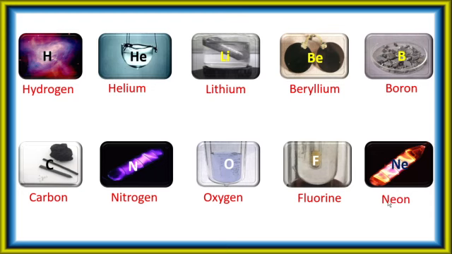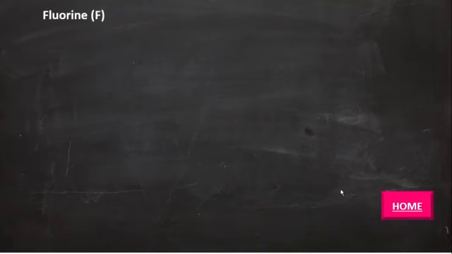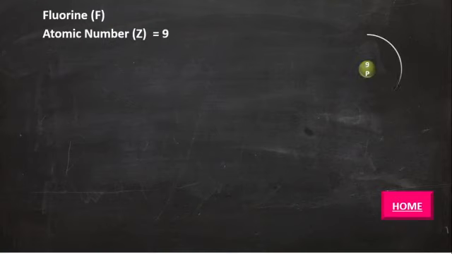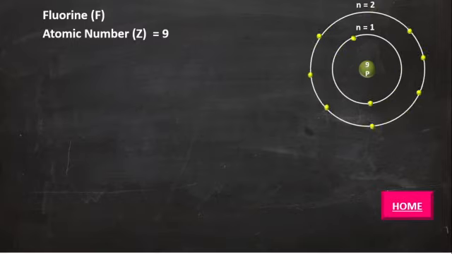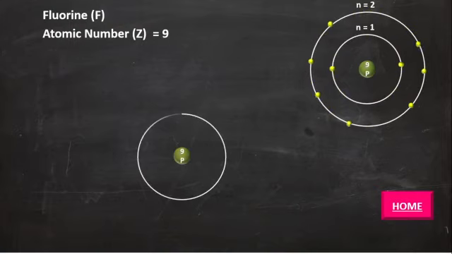Next, the next element here is fluorine. Fluorine F, atomic number Z equal to 9. 9 protons are there, 9 electrons, 2 in the first orbit and 7 in the second orbit. Let us fill these electrons into the orbitals.